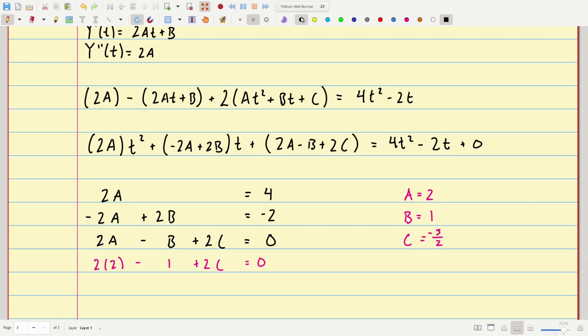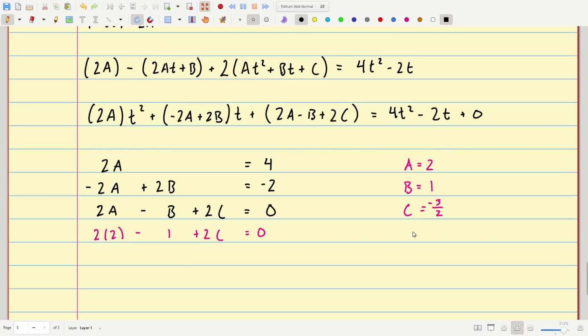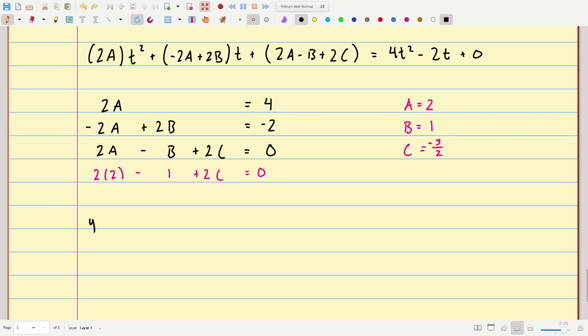So, we use this information to write down our particular solution, gathering what we had before. So this is going to be these two things added together.